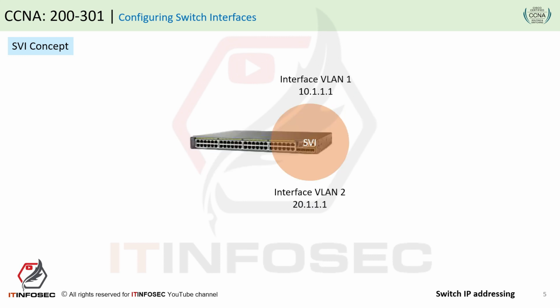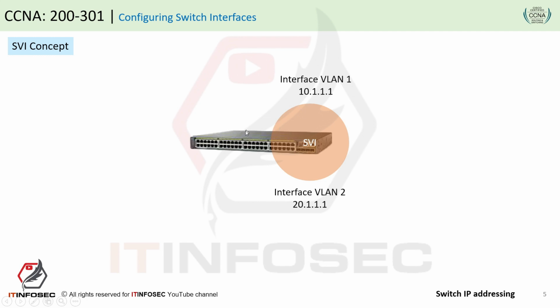For this reason we can have many VLANs on each switch, and many interface VLANs based on how many VLANs we have. For example, if we have two VLANs on our switch, we can have two interface VLANs, one for each VLAN.